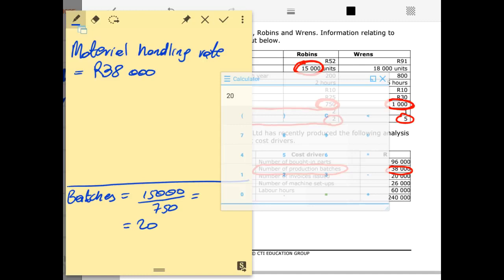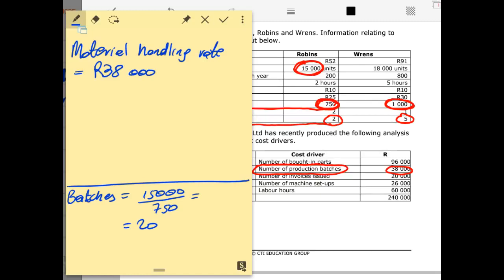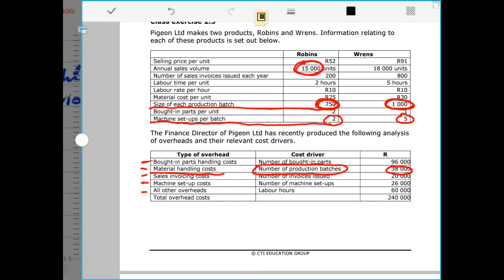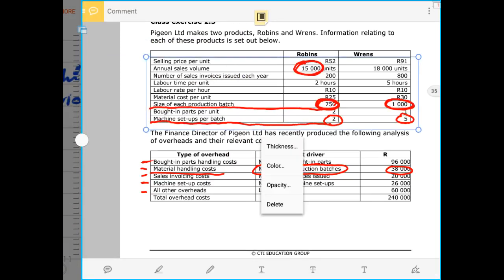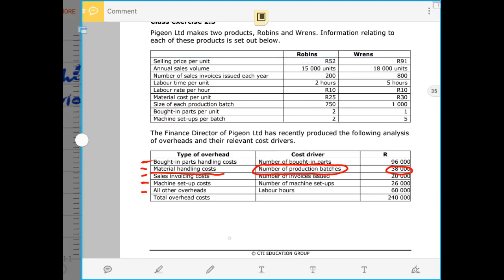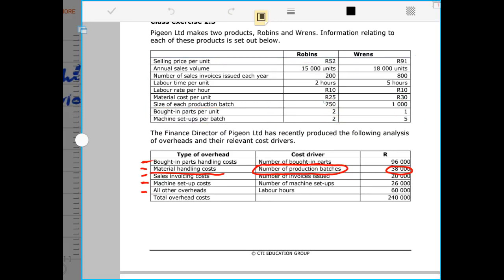That means for the 15,000 units there were 20 batches, each of 750. So now that means 750 units were manufactured 20 times in simple terms. In this case we have batches of 1000 units per batch, and 18,000 units were manufactured.